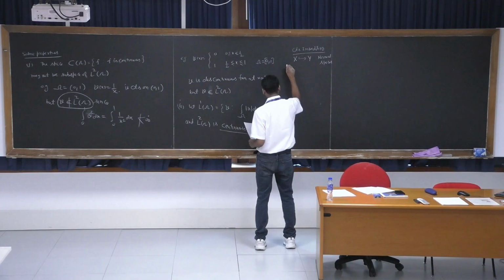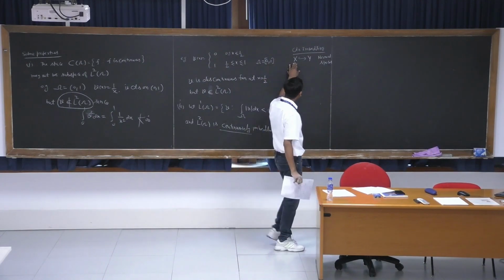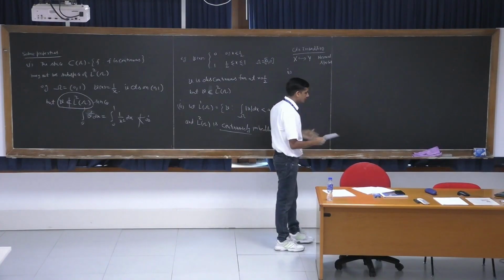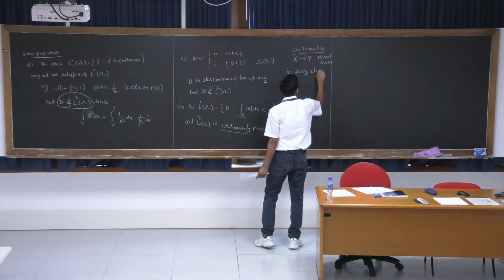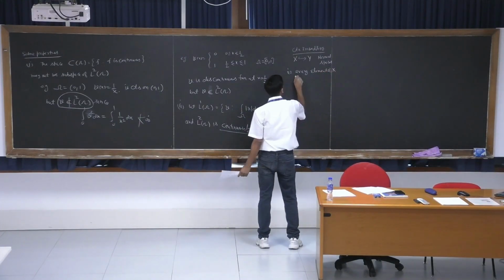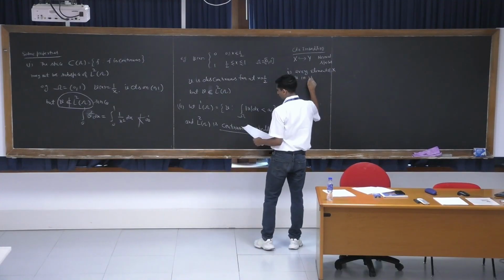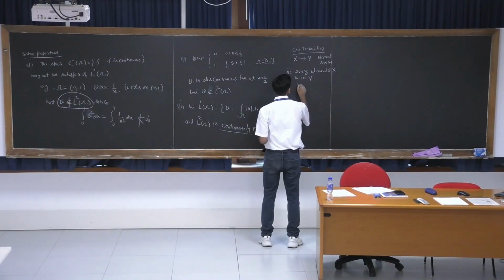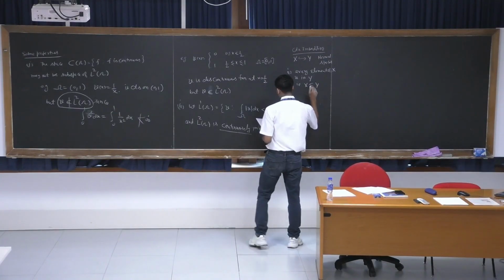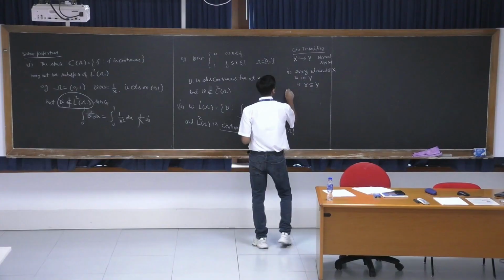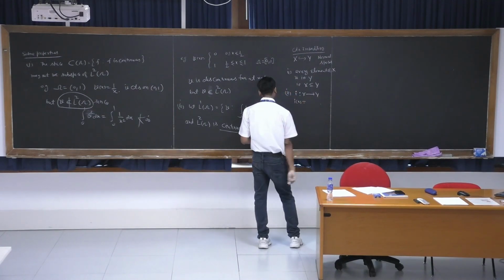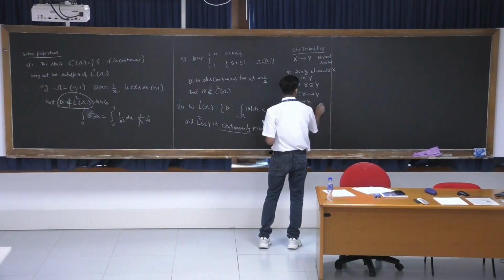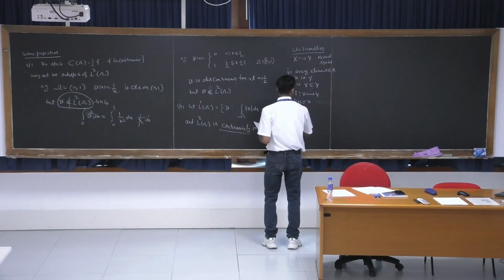This means every element of X is in Y. Second, there is a mapping, suppose I from X to Y such that I of x is equal to x, and I is continuous. Okay, this is a continuous mapping.